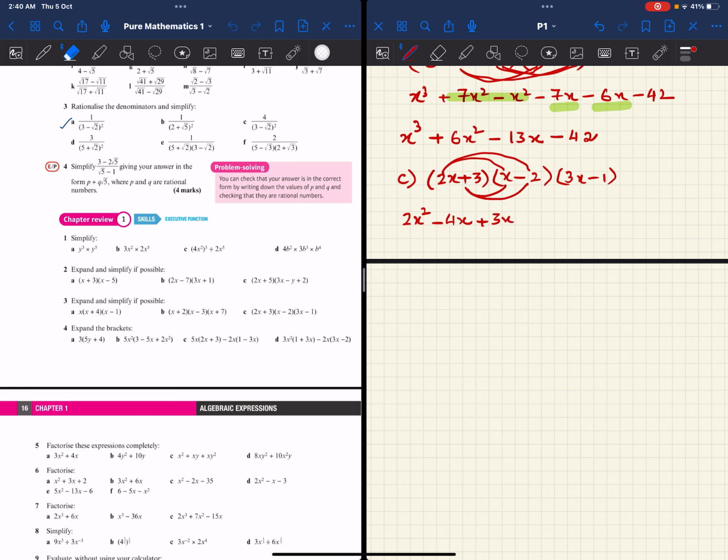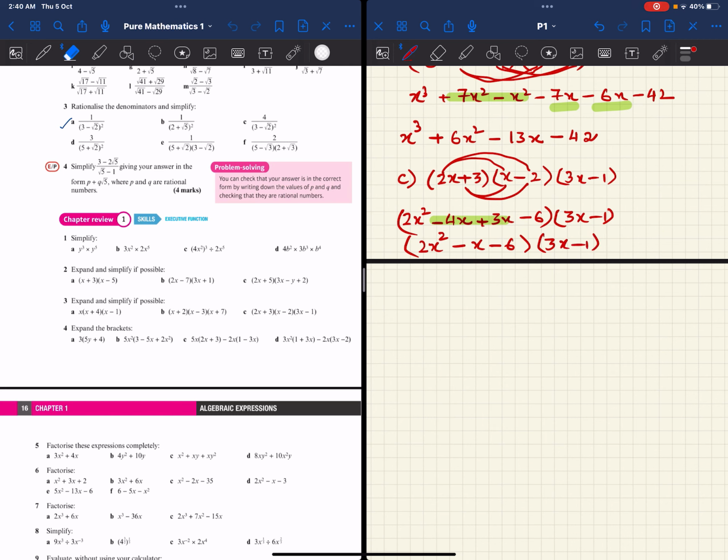And 3 into negative 2, minus 6. We can write the second bracket as it is. We will add up the like terms in the first bracket. To simplify, 2x squared minus x minus 6 into 3x minus 1.